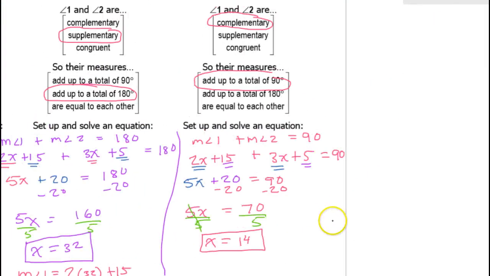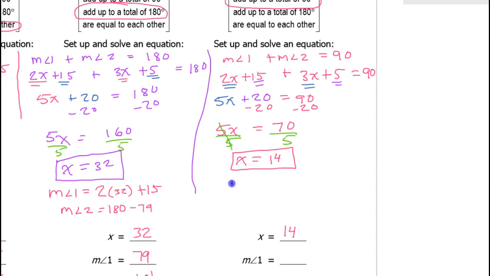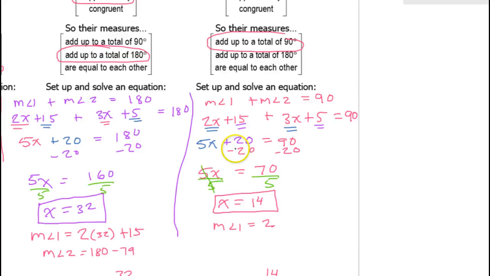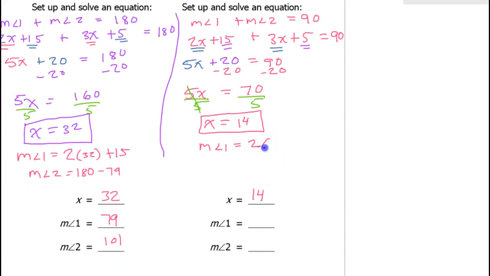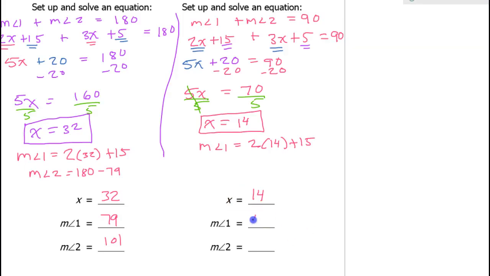And finally, for number 6, if I want to find the measure of angle 1, again we're talking about 2x plus 15. So this is 2 times 14 plus 15. That's 43.